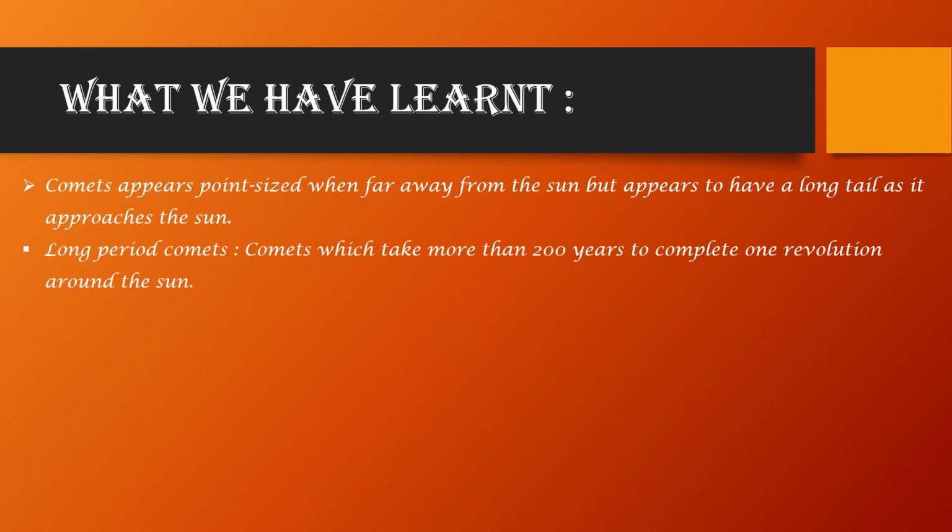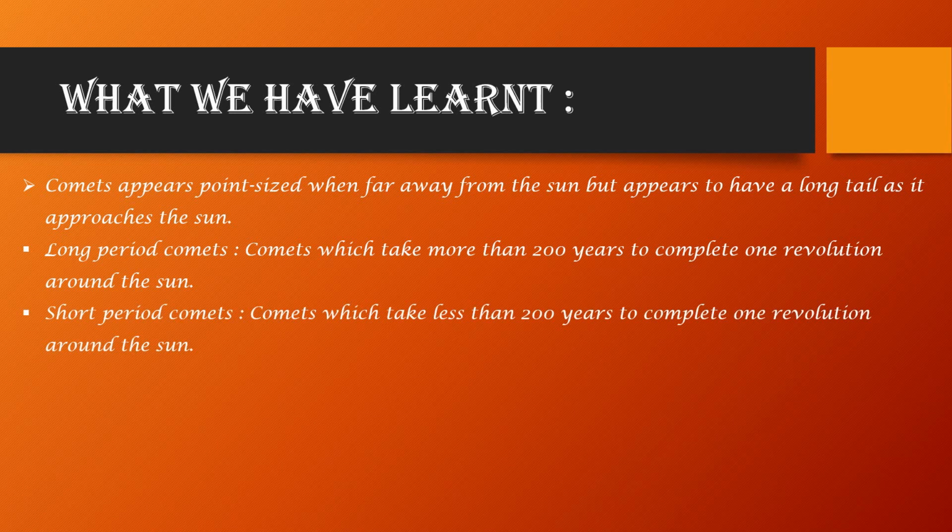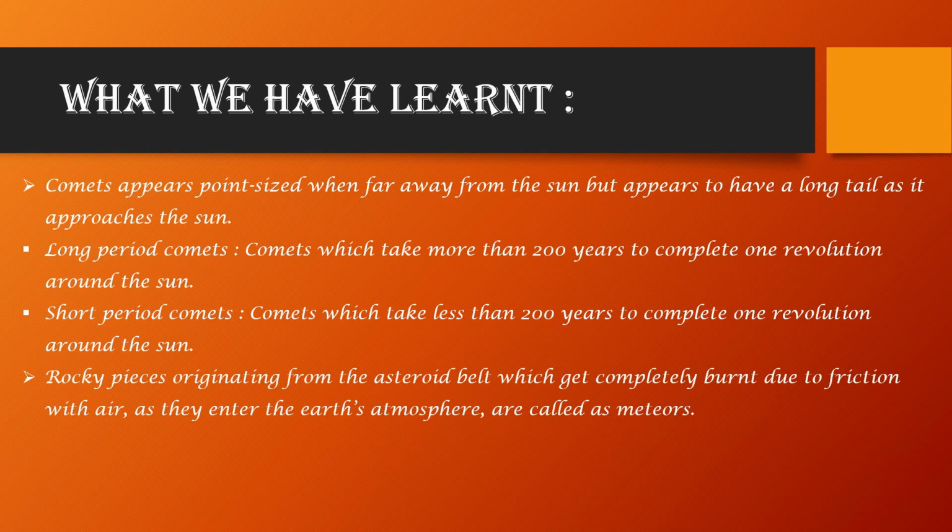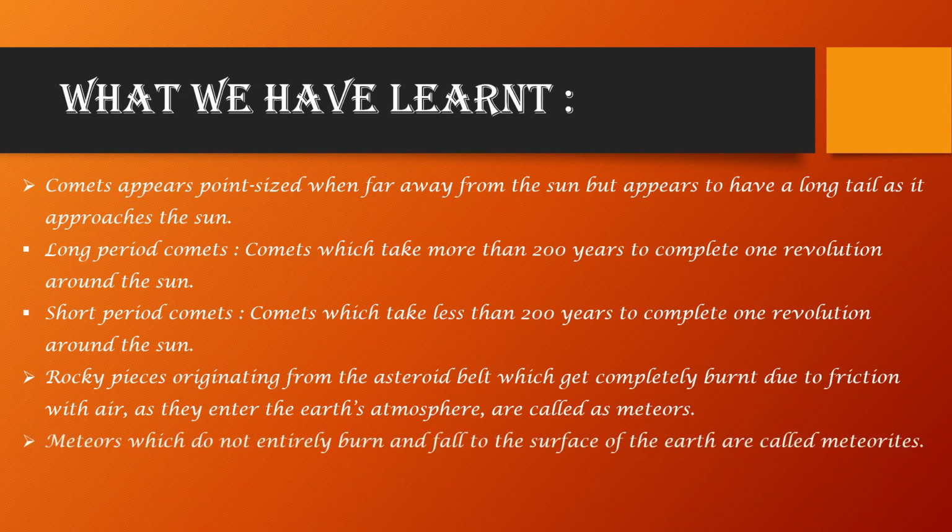The comets which take more than 200 years to complete one revolution around the Sun are long period comets, and the comets which take less than 200 years are short period comets. Then we also studied that rocky pieces originating from the asteroid belt, which get completely burned due to friction with air as they enter the Earth's atmosphere, are called meteors. And meteors which do not entirely burn and fall to the surface of the Earth are called meteorites.